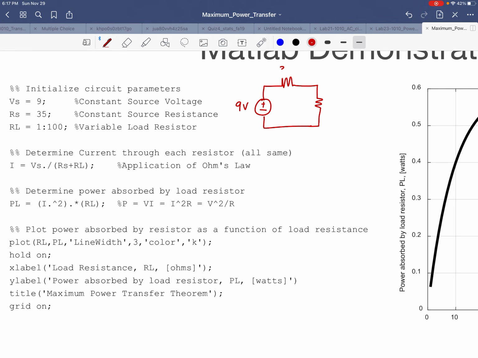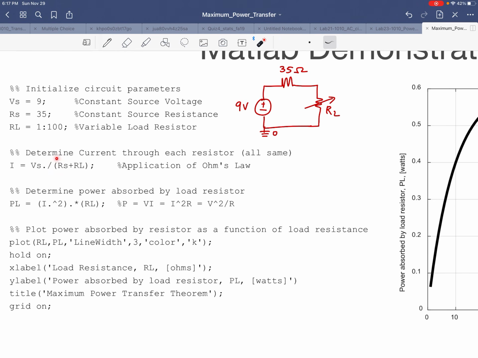So this is my 35 ohm resistor here, and this is my variable resistor RL, and this is ground. So that's the circuit that I'm simulating in Matlab. The circuit parameters of that have been initialized.